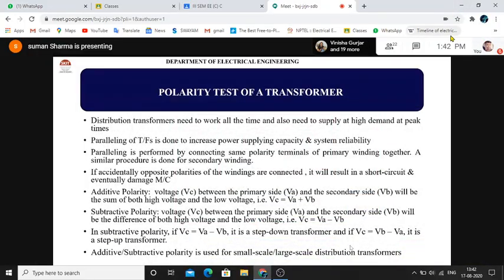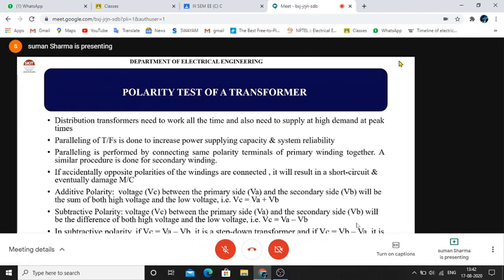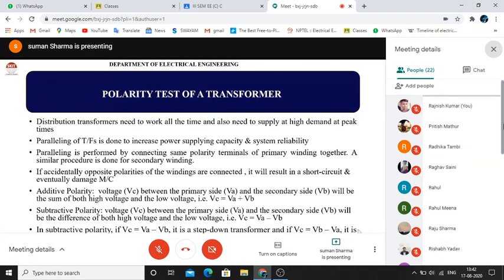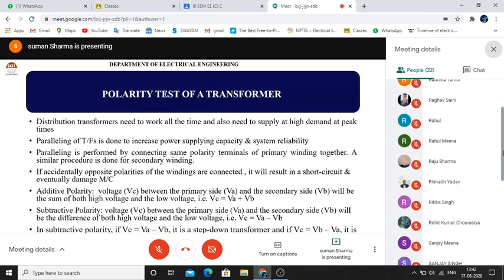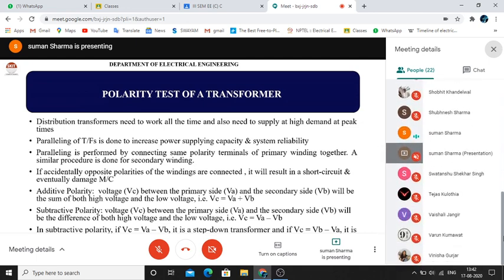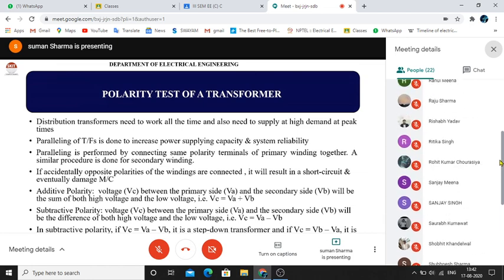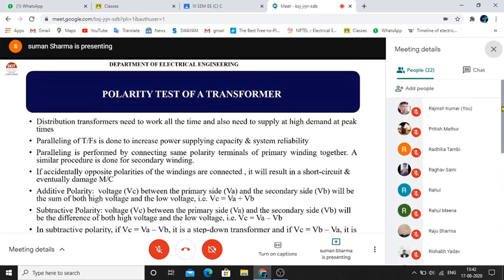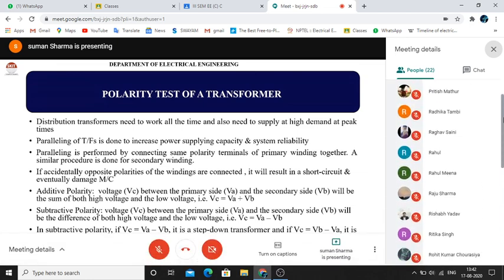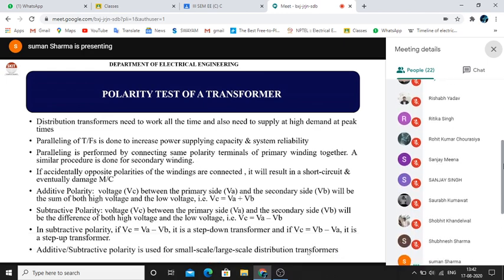And if VC is VB minus VA, that means your secondary side voltage is higher as compared to the primary voltage, then it is a step up transformer. Okay. So additive and subtractive polarity are used for respectively small scale and large scale distribution transformers.